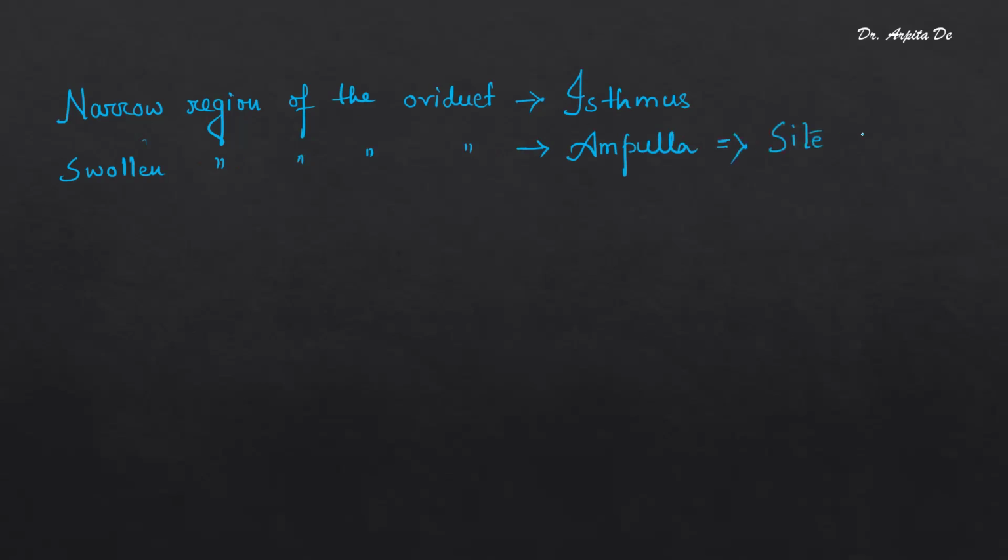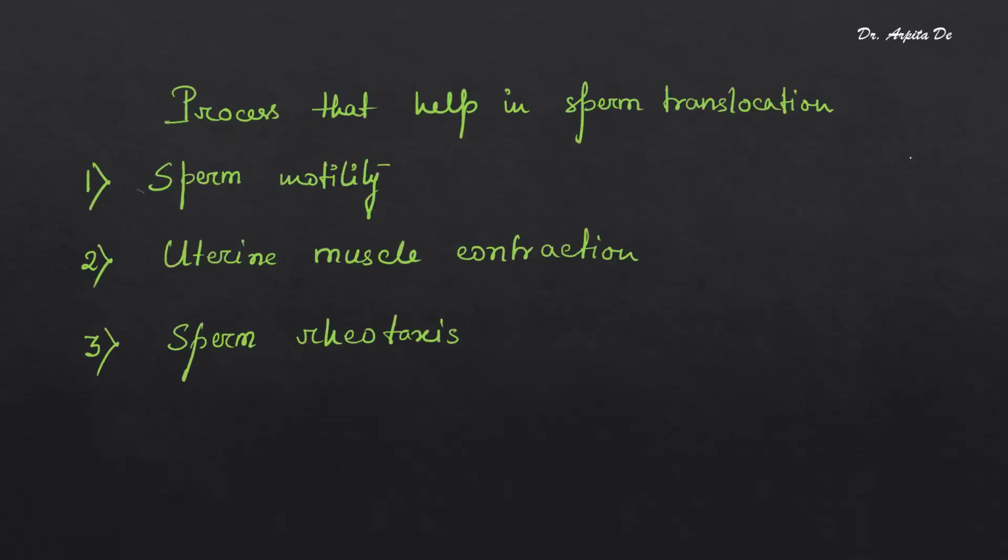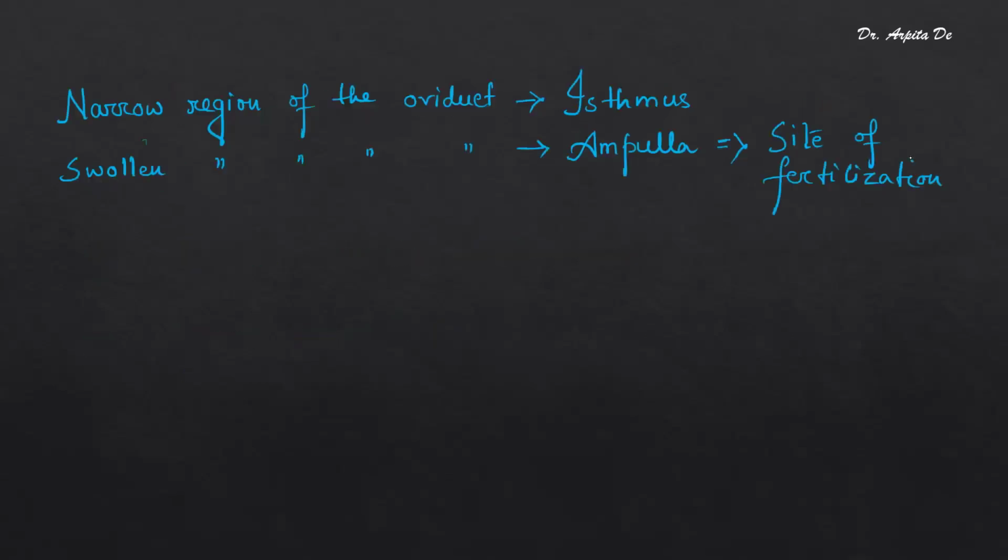This is the place where fertilization occurs. The edges of the fimbriae receive the oocyte cumulus complex.